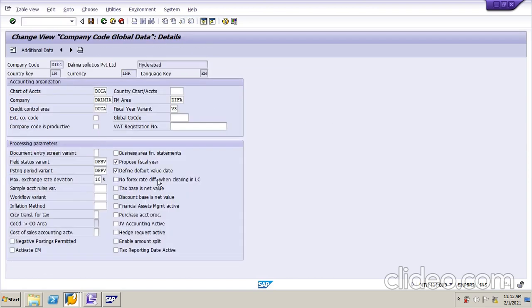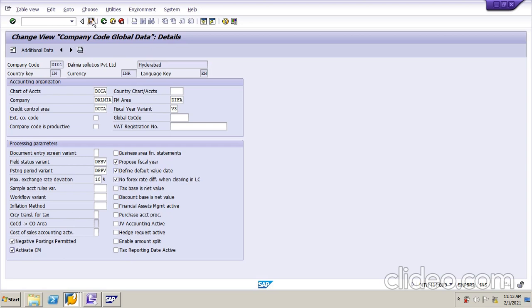So no forex rate differences. I will explain these things one by one in the next classes. So these are enough: fiscal year, define default value date, no forex differences, and these two check marks.